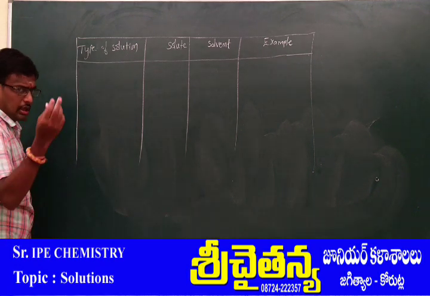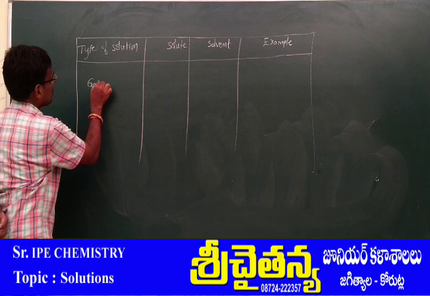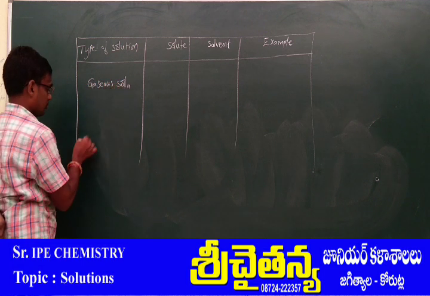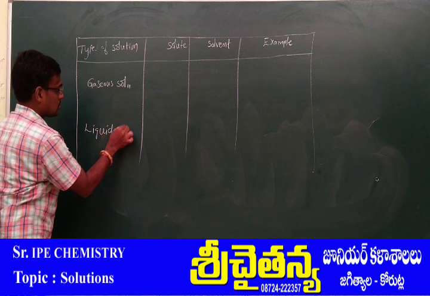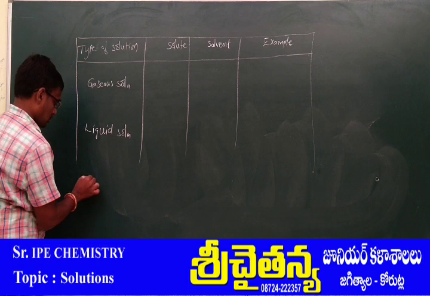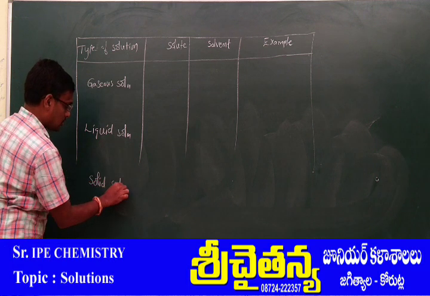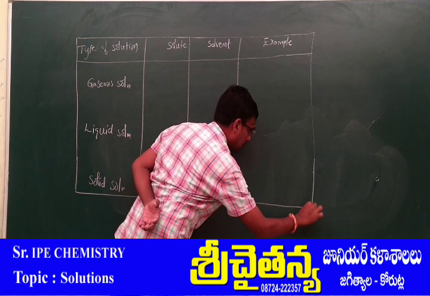So majorly three types of solutions are there. One is gaseous solutions, second one is liquid solutions, third one is solid solutions. How many types here? Three types.